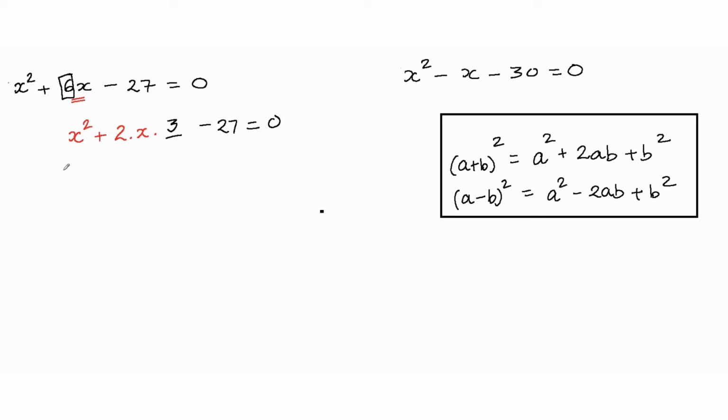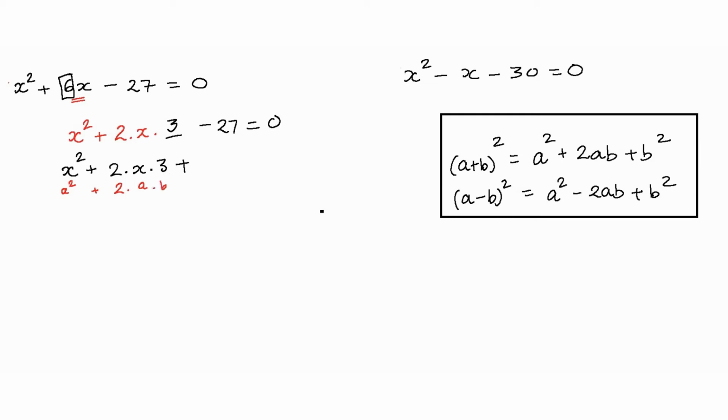So this one now becomes, if you notice, x square plus 2 into x into 3. If I need to complete the square, I have a square plus 2 times a, x is a, times b, right?